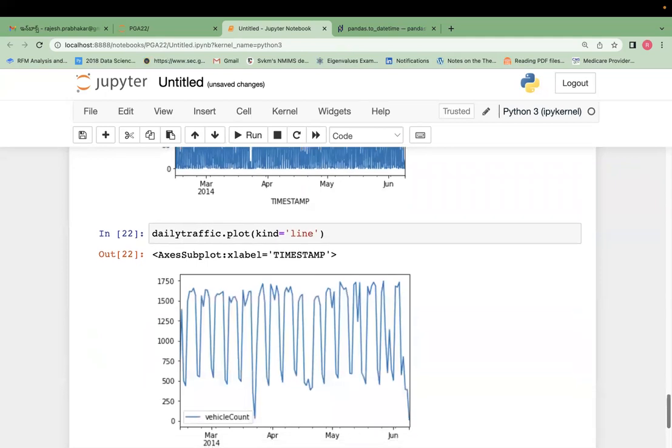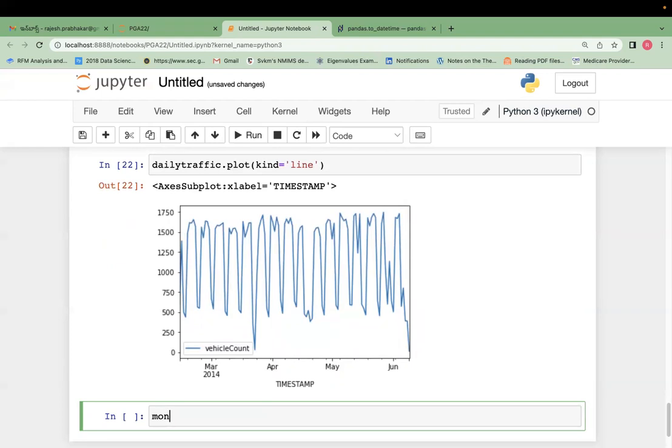You can see the daily traffic. Okay. So monthly traffic also, dot plot, kind is equal to line.